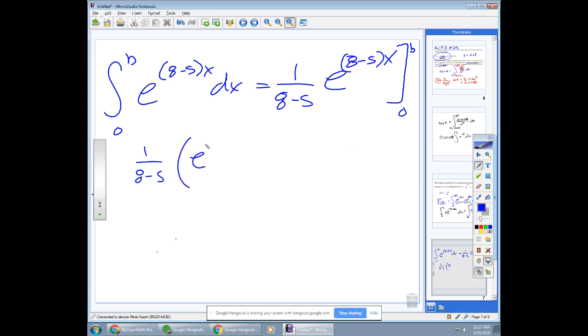So I get e to the 8 minus s times b minus e to the 8 minus s times 0. Okay, so I factored out the constants, and I only have to evaluate e to that power. There's an s. There's 2 variables.